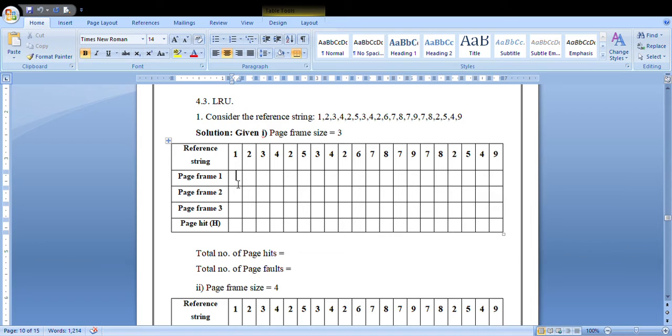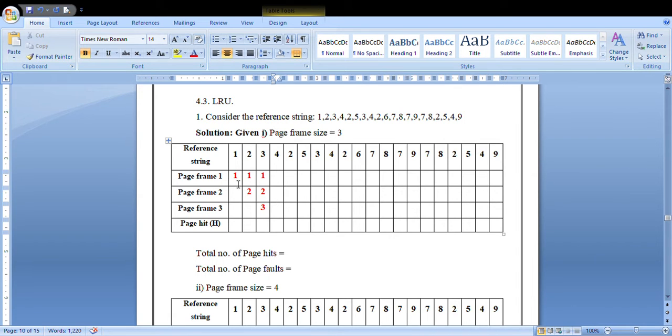Let's solve this problem. This is the previous example I solved for the FIFO page replacement algorithm. I am taking the same example for least recently used. The first arriving page number is 1, which is allocated to page frame 1, as you already did in FIFO. Then you allocate 2 to page frame 2 and 3 to page frame 3.